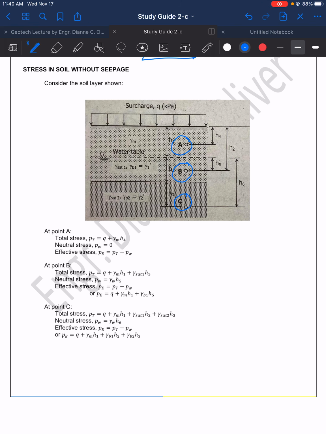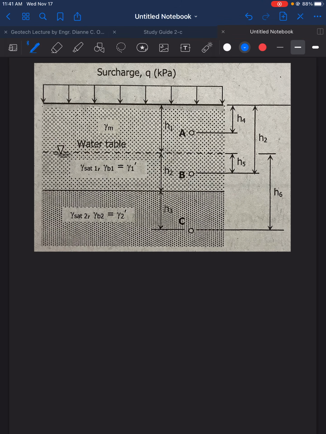So, the calculation is already given in the study guide. But let's take a look on how those calculations were derived.